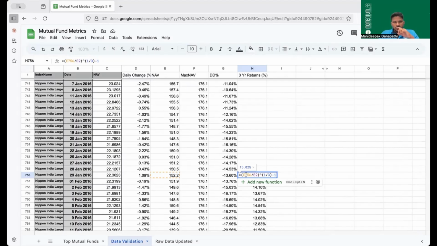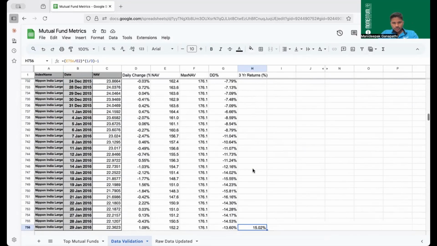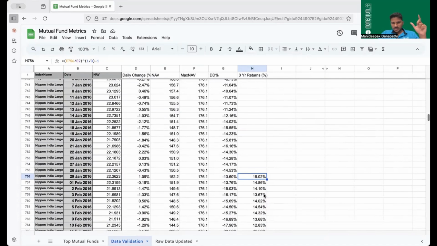So what I did was E756 by E2, which is your first NAV number, to the power of 1 by 3, which is the number of years, minus 1. That gives you the CAGR value, a 3-year CAGR value from 2nd Jan 2013 to 29th Jan 2016. So that's approximately 3 years' time, which we are looking at, and the CAGR is 15%.